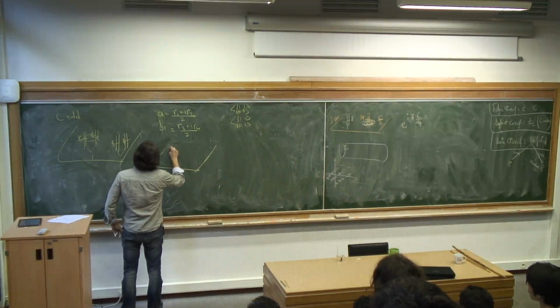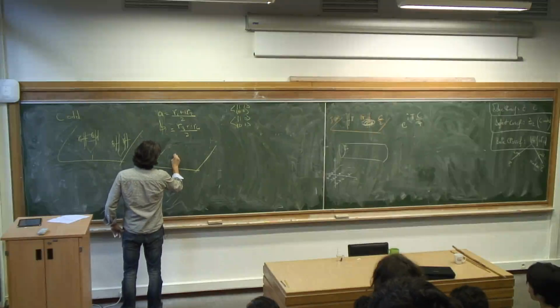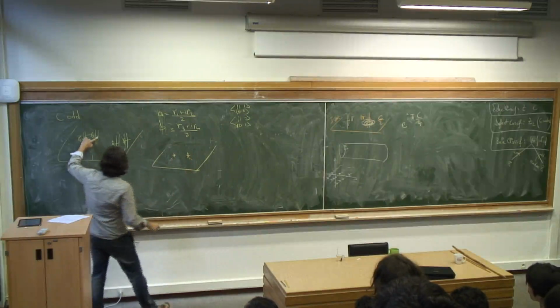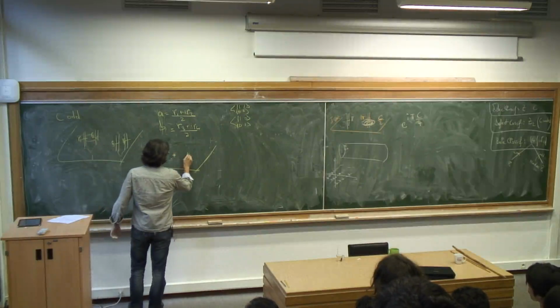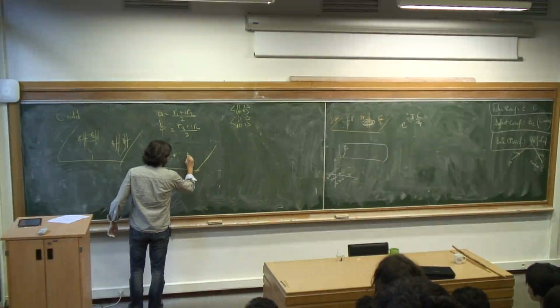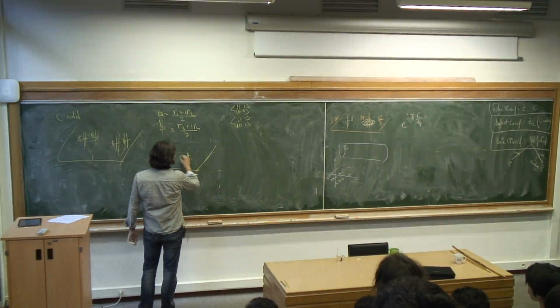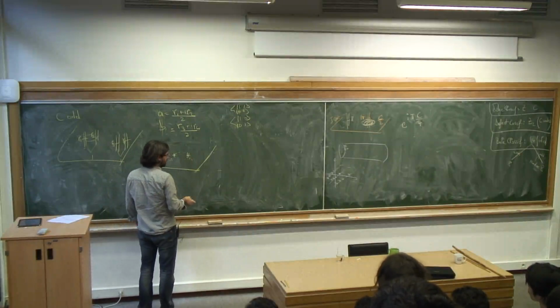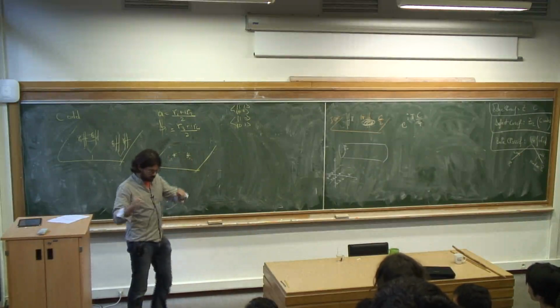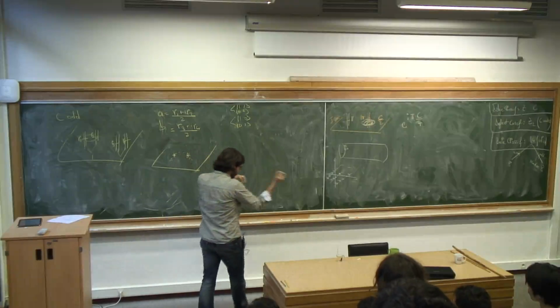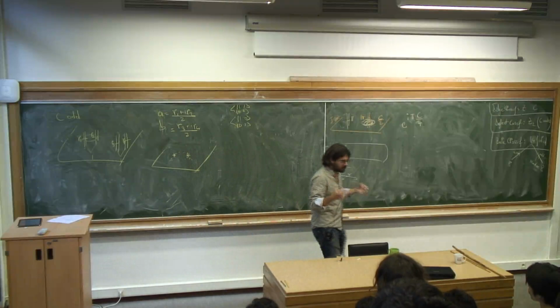So I've got a vortex here and another vortex here, gamma 1 and gamma 2. I'm just focusing on these two, to see what happens when I switch them. Remember that each of these vortices, when you go around them, the phase of the superconducting order parameter winds by 2 pi. But that's not a trivial winding.